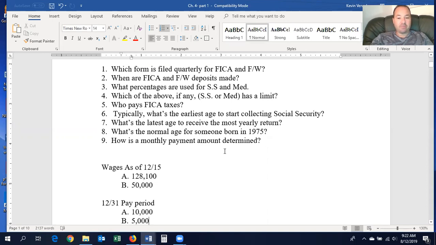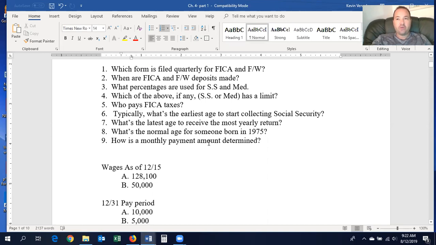And then how is a monthly payment amount determined? Remember, they index your wages by the index rating that you can find on the Social Security website. Then you take up to your top 35 years, multiply your wages by whatever index it is for that year, add them all up and divide by the number of years. That tells you how much your normal annual salary was. You divide that by 12.